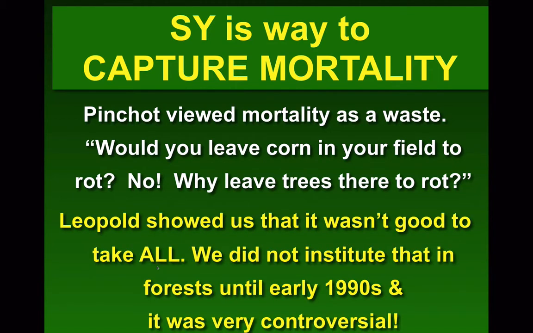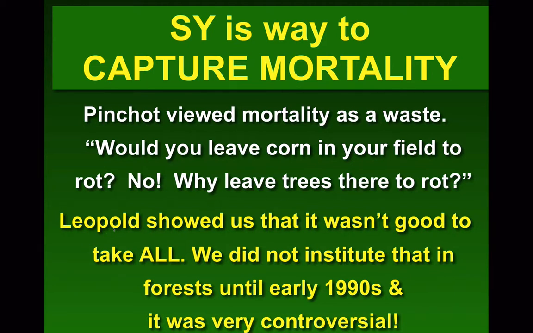But then Leopold came along, and he was one of the first ones to argue that we should leave some dead and down trees in the forest. Don't take them all. If you harvest a tree soon enough after it dies, you'll be able to save all the wood in it. But if you wait very long, then it's going to start rotting.